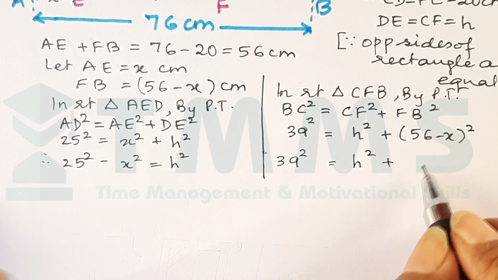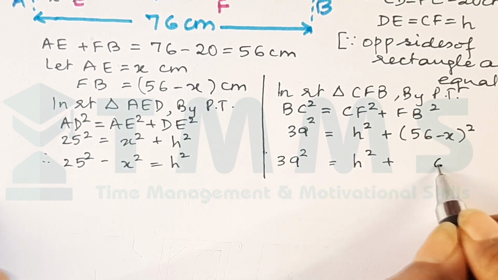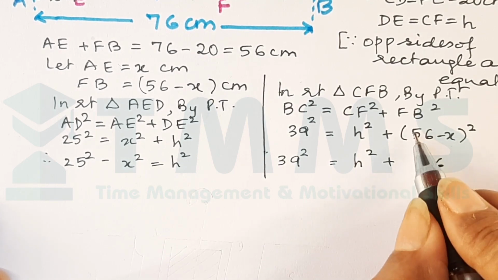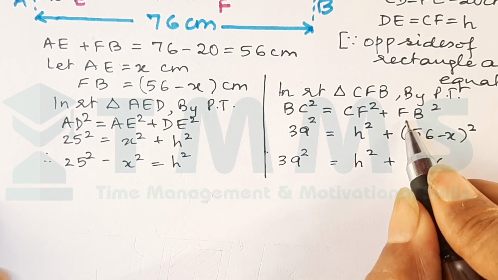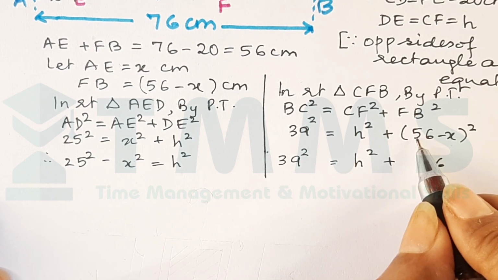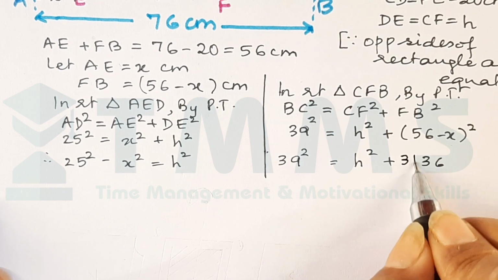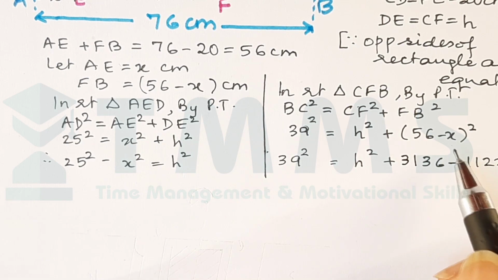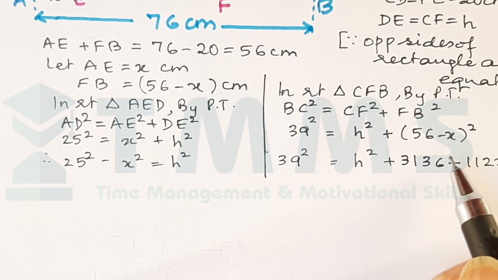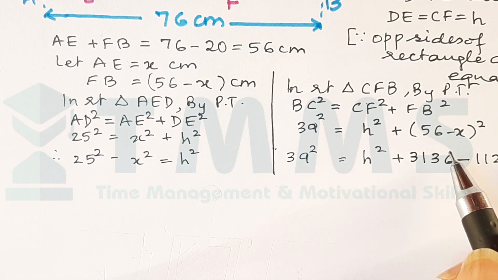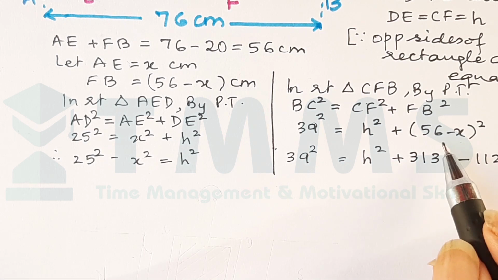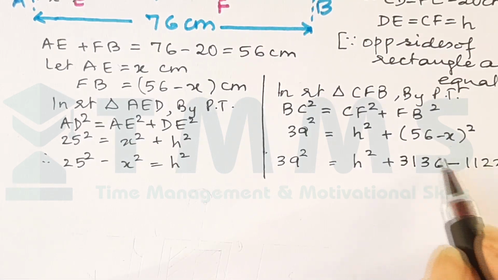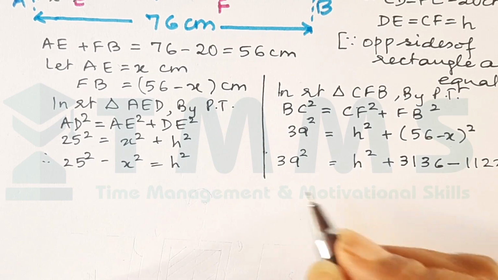Now 56 square, 6 6 36, carry 3, 6 5 30, 60 63, carry 6 and 5 square is 25 and 6 31, minus 112x plus x squared. Now you can watch the video in which I have given the shortcut to write the square of any two-digit number. That's what I have done to use this.